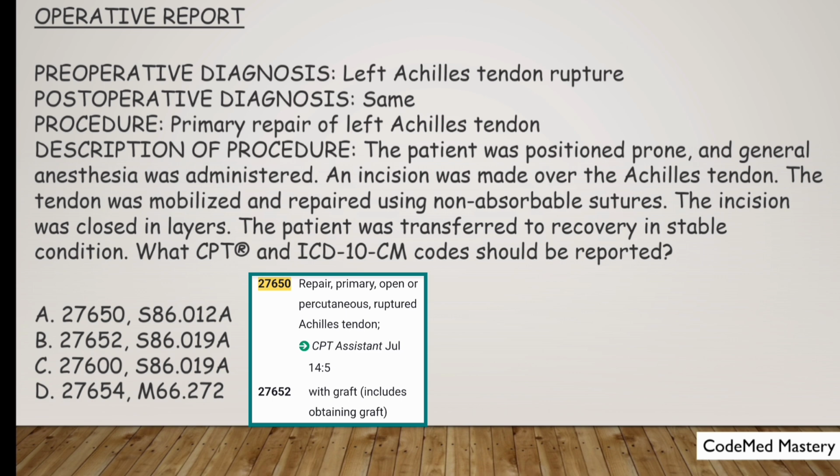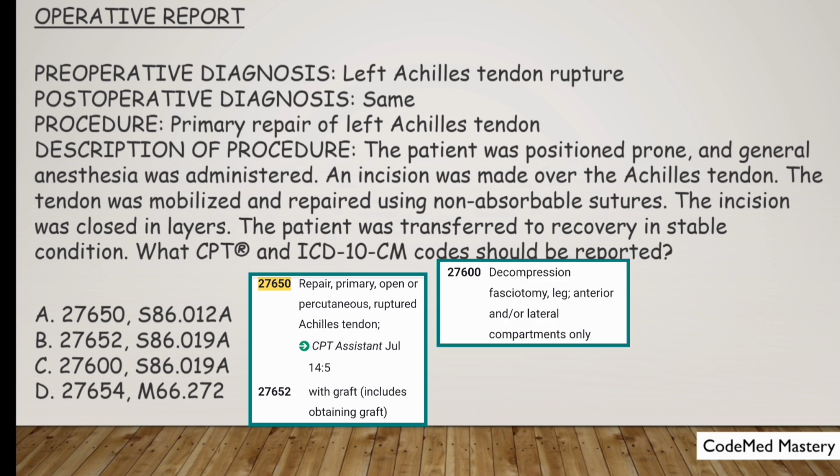And 27600 is for decompression fasciotomy leg anterior or lateral compartments only, and the code 27654 is repair secondary Achilles tendon with or without graft. So which among these four codes is correct?